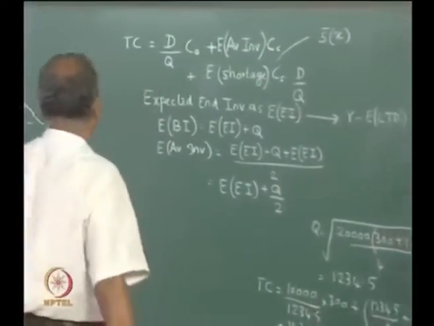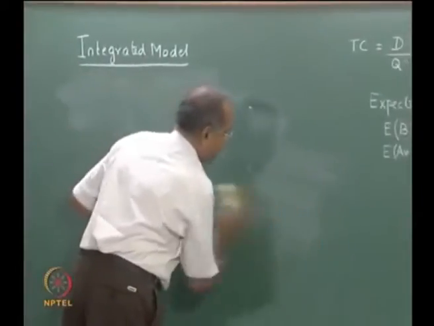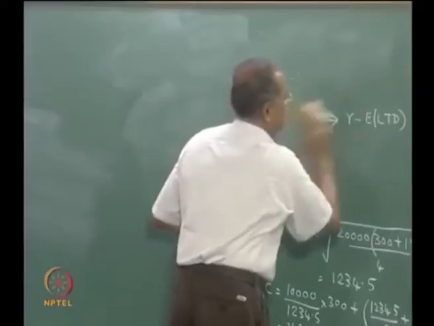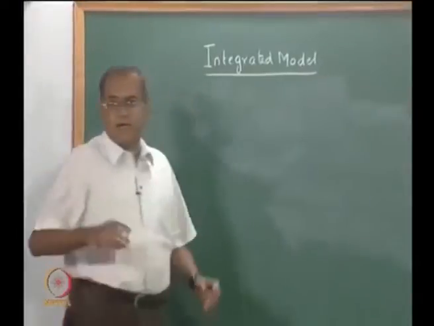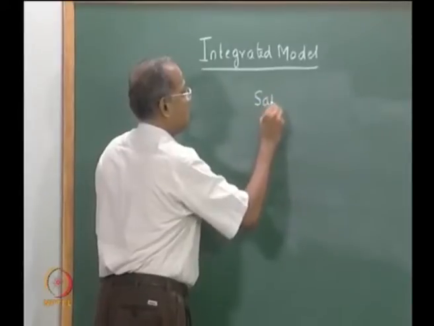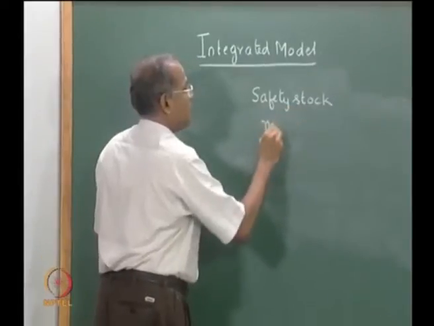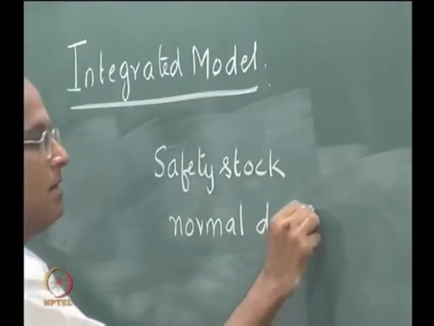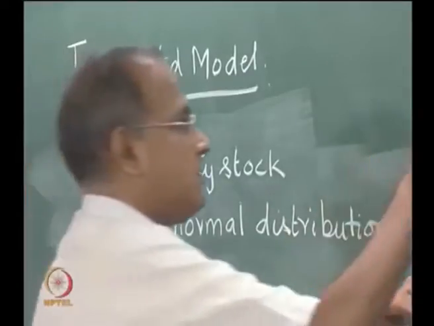Now, let us come back to one more aspect of probabilistic inventory models, something that we had already seen and that is going to have a large implication in the way we order. In an earlier illustration, we had calculated the safety stock assuming a normal distribution. So, let us go back to that example.